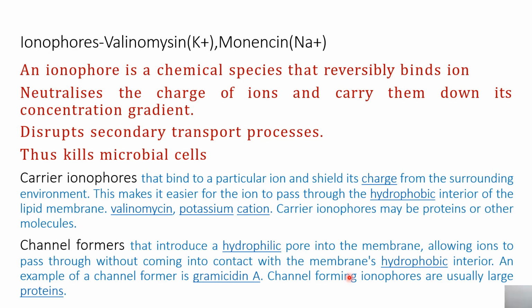Carrier ionophores may be proteins or other molecules. Channel formers introduce a hydrophilic pore into the membrane, allowing ions to pass through without coming into contact with the membrane's hydrophobic interior. An example of a channel former is gramicidin A. Channel forming ionophores are usually large proteins.